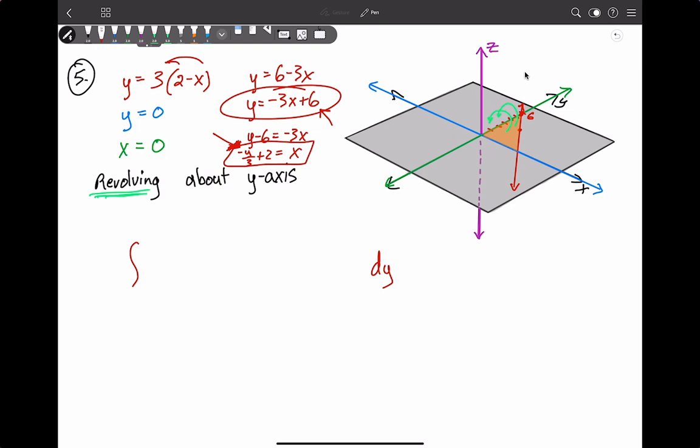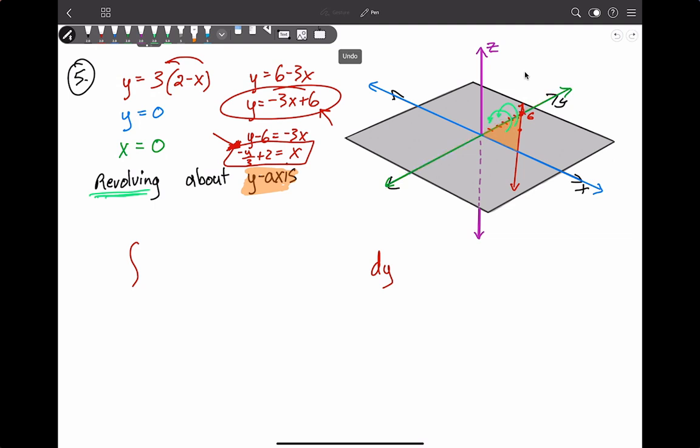We know it's a disk method, okay? This axis of revolution, let me highlight that in orange, is the y-axis. And it is right here touching. So again, we're revolving around the y-axis.